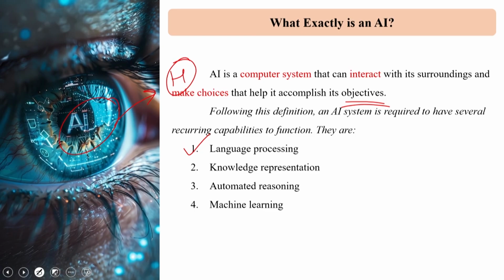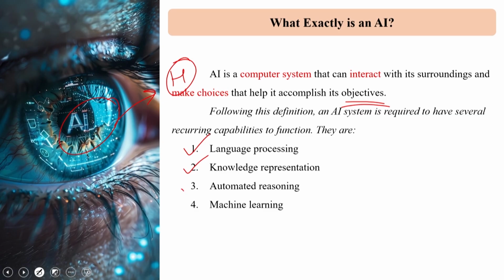So the ability to understand and communicate in human language is vital when it comes to language processing. When it comes to knowledge representation, it is the ability to store what the system knows or can pick up. So this is what knowledge representation is.